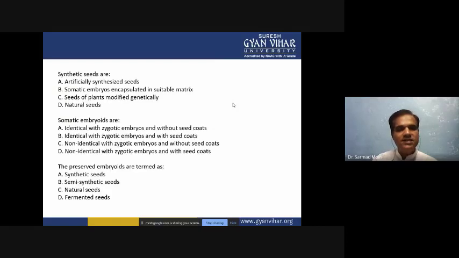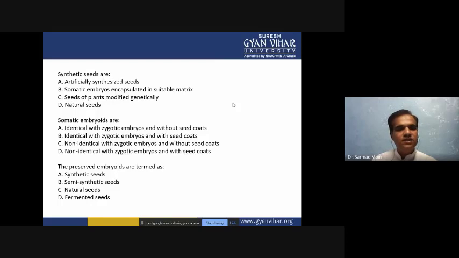Then on synthetic seeds, we have some important questions. First question: synthetic seeds are option A, artificially synthesized seeds, option B, somatic embryos encapsulated in a suitable matrix, option C, seeds of plants modified genetically, option D, natural seeds. Again, you have to select the correct option.